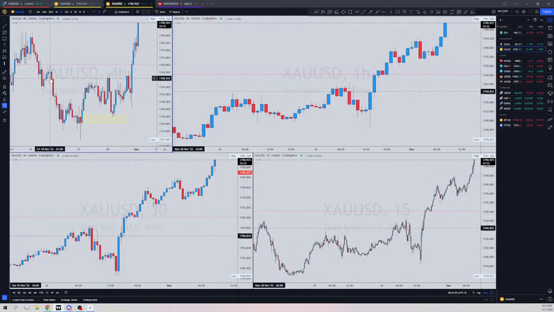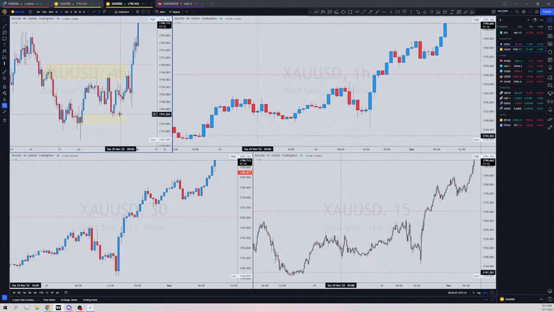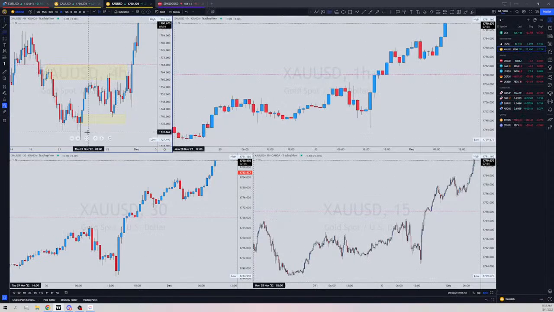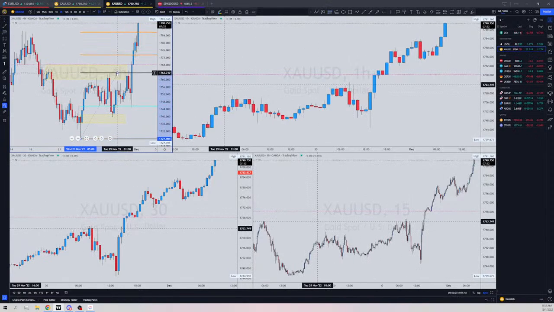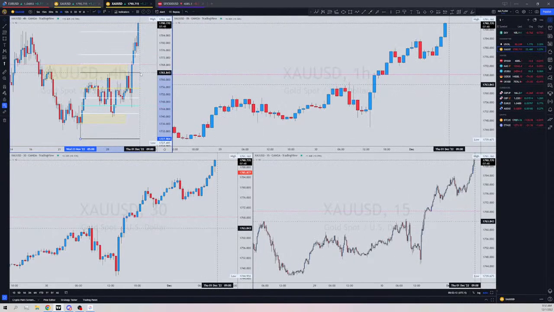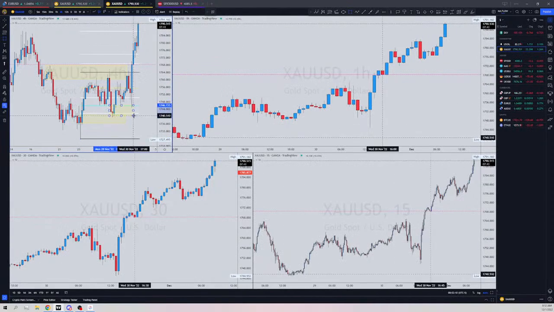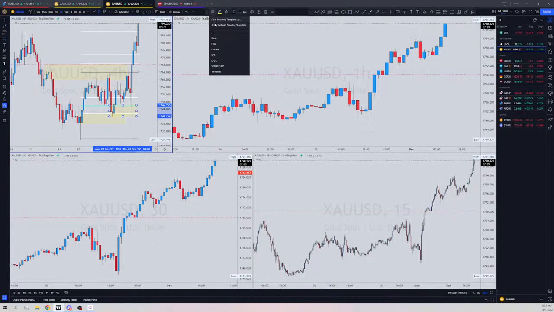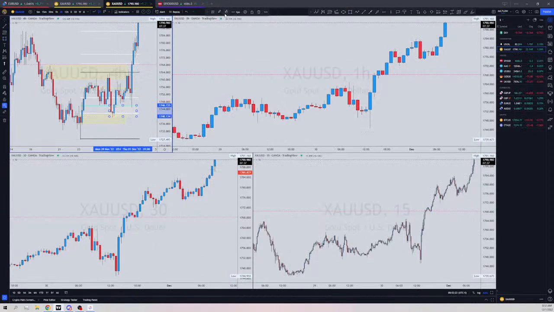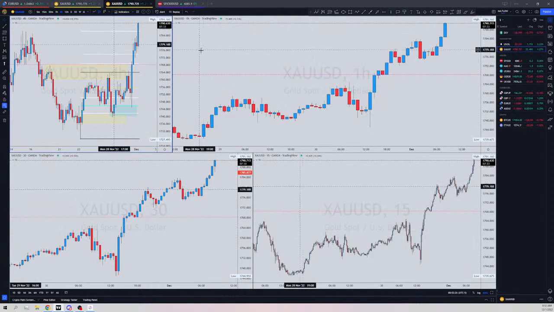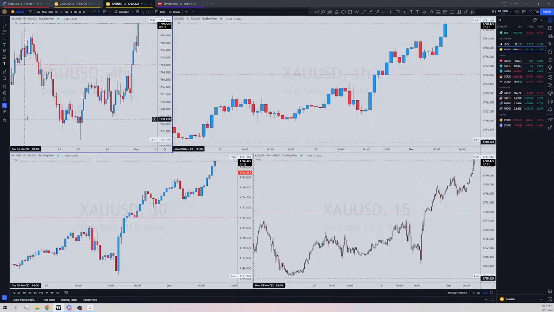It tapped into the supply here, traced back down into the 618 sweet spot, dipped, came back right in here. Boom. Amazing when you know what to look for and the market will present stuff for you.